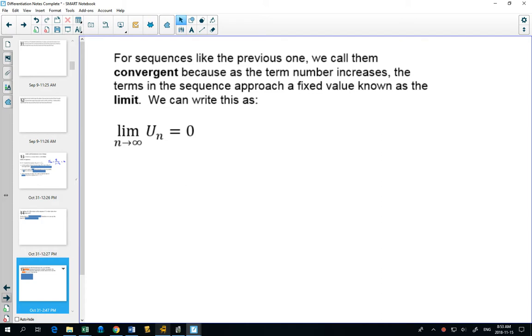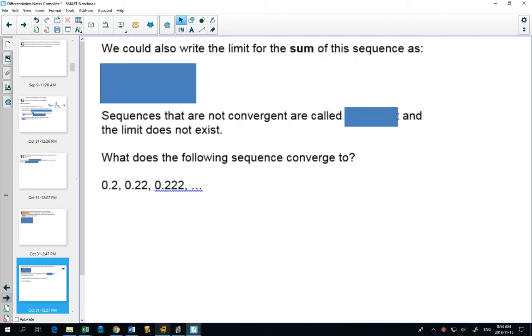In this case, n is getting bigger and bigger. The term in the sequence then, as n gets bigger and bigger, is equal to 0. And we could write the limit for the sum. It would equal 16.